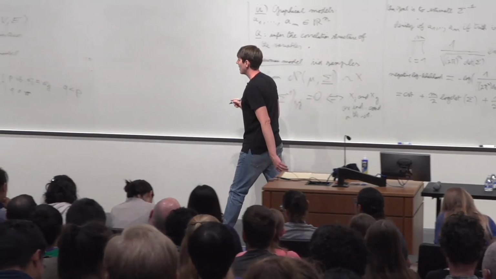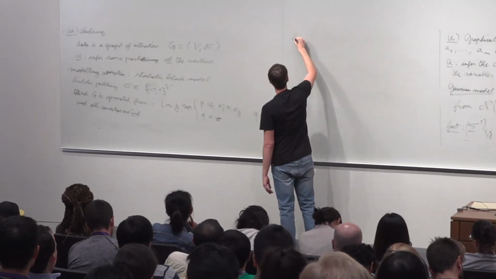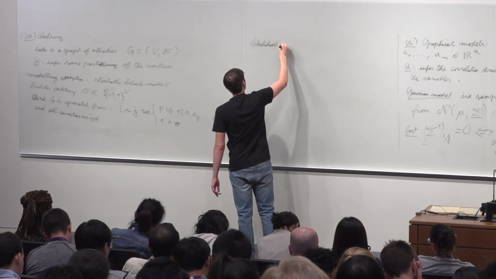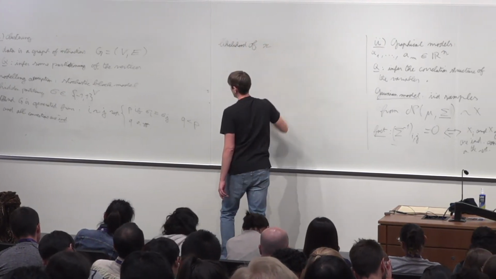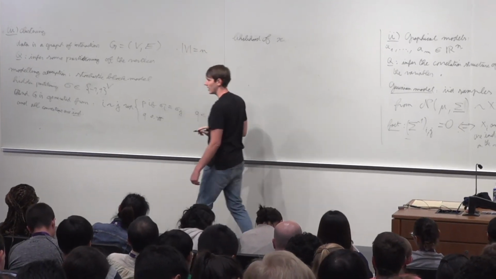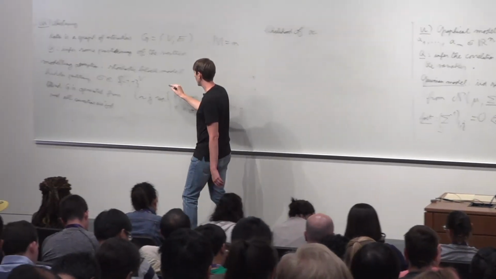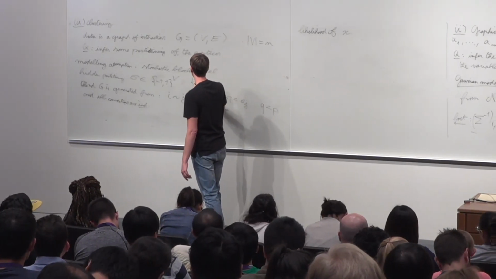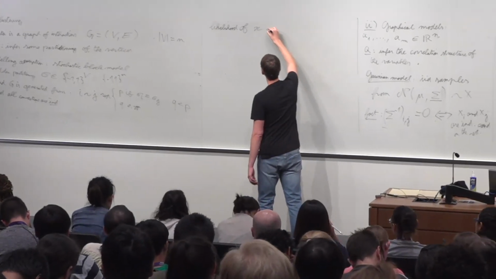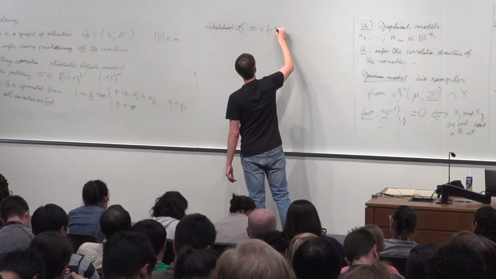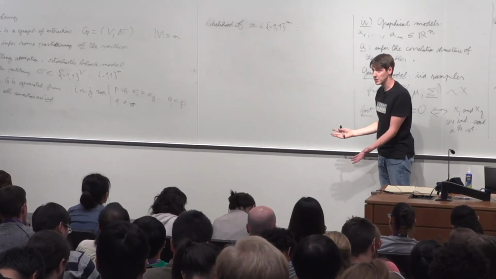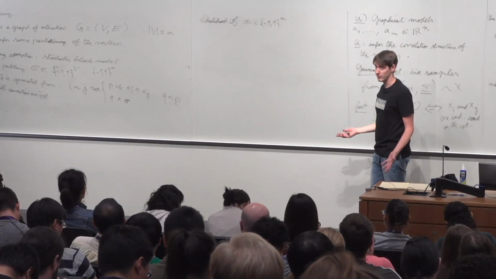So what is the likelihood of x, and maybe let me just say that V is of size n. I had n vertices, so -1, 1 to the V is really -1, 1 to the n. So the likelihood of x, a vector in the binary cube -1, 1 to the n. If I guess this partitioning, what is the likelihood of my graph?